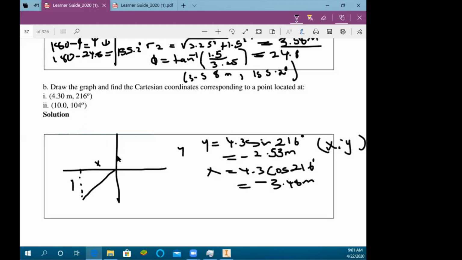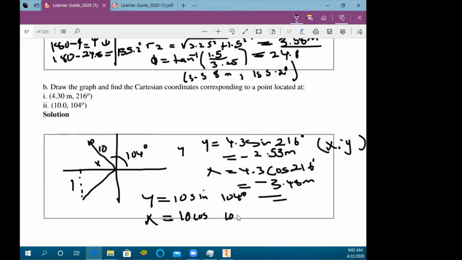Okay, let's look at the second one. It's 10 and then the angle is 104. 104 is somewhere in here, right? Yes. This angle is 104 degrees. We do the same thing. Your y is 10 sine 104 degrees. Your x is 10 cos 104.